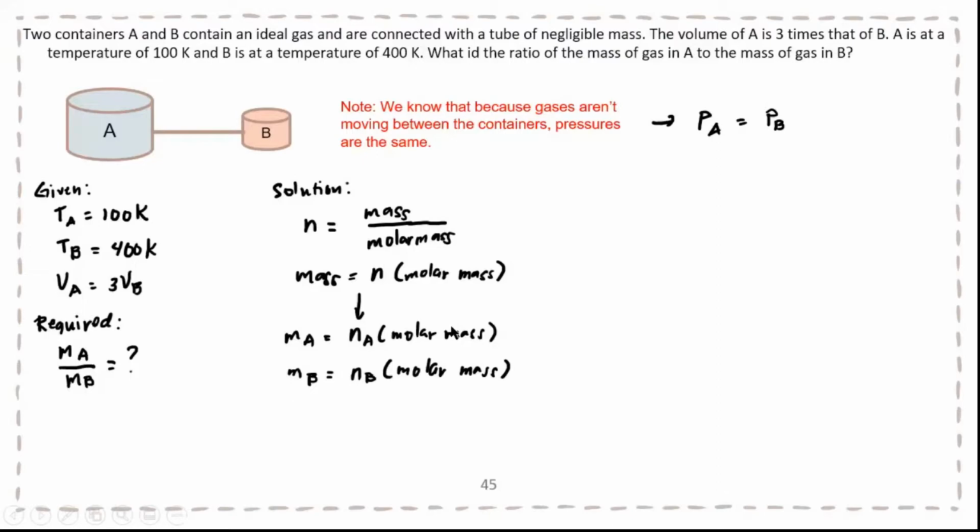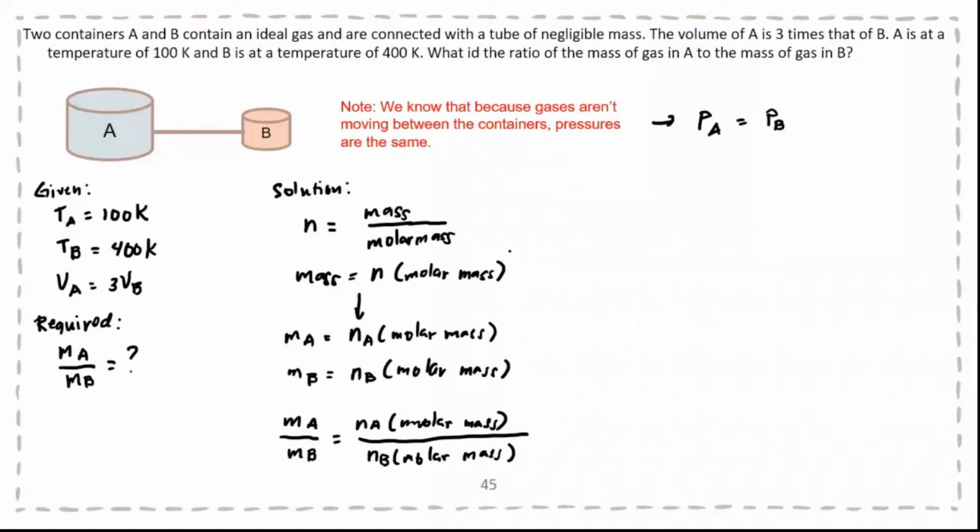So to find the mass of A over mass of B, we have nA times molar mass over nB times molar mass.